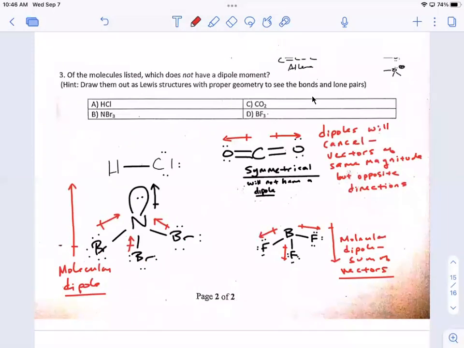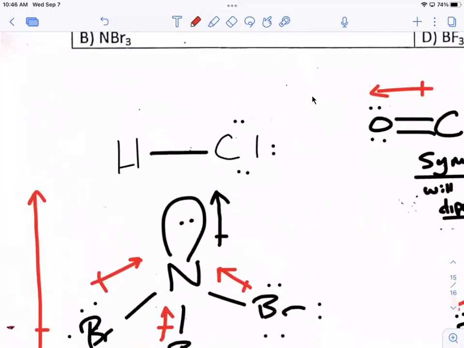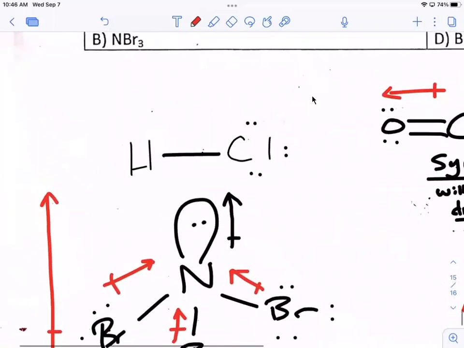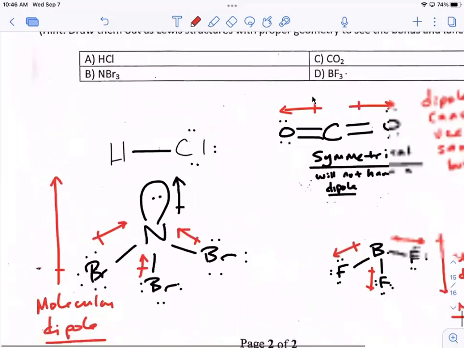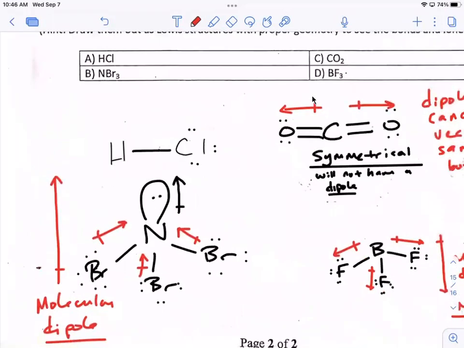All right, what about HCl? What do you think? That's a fairly easy one to think about. Chlorine is more electronegative than hydrogen, so it's going to be polarized in that direction.